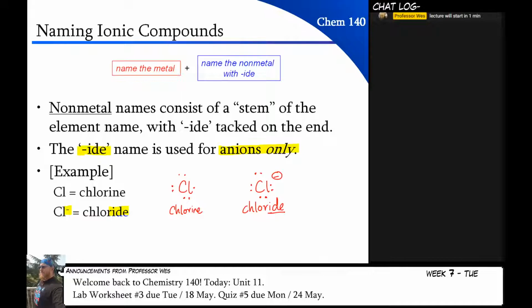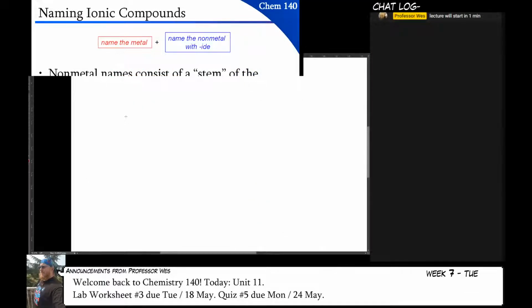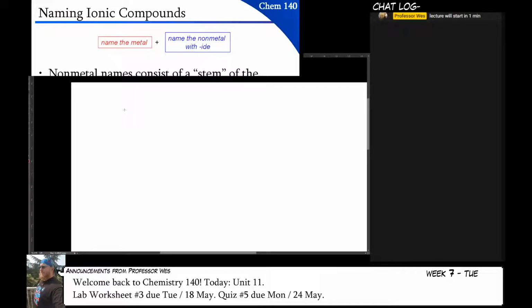Now, what are all of the ide labels for your elements? Now, this is also in your text, but we'll list those out too, just so that we can have them. And so here are the elements that are going to be used commonly. I'm starting on the right and going left. So this would be group 17.